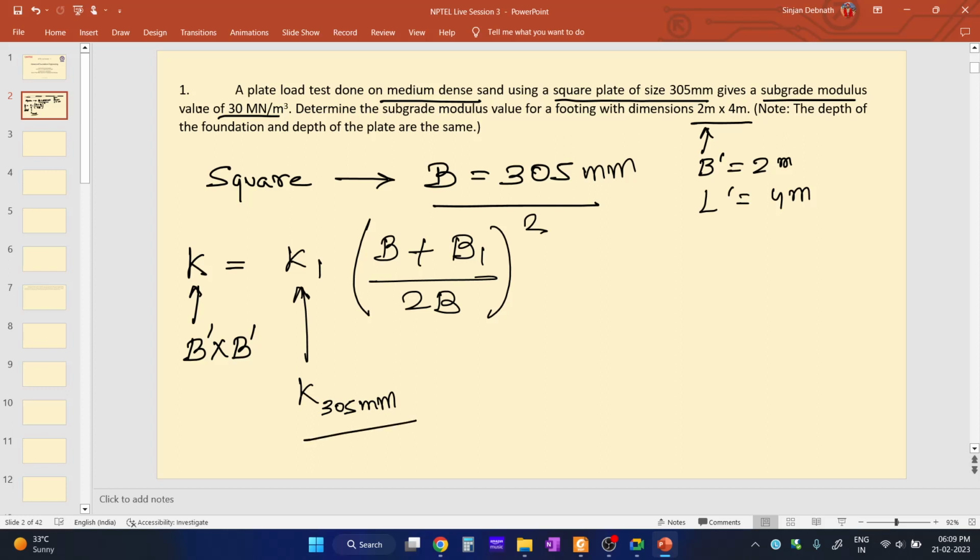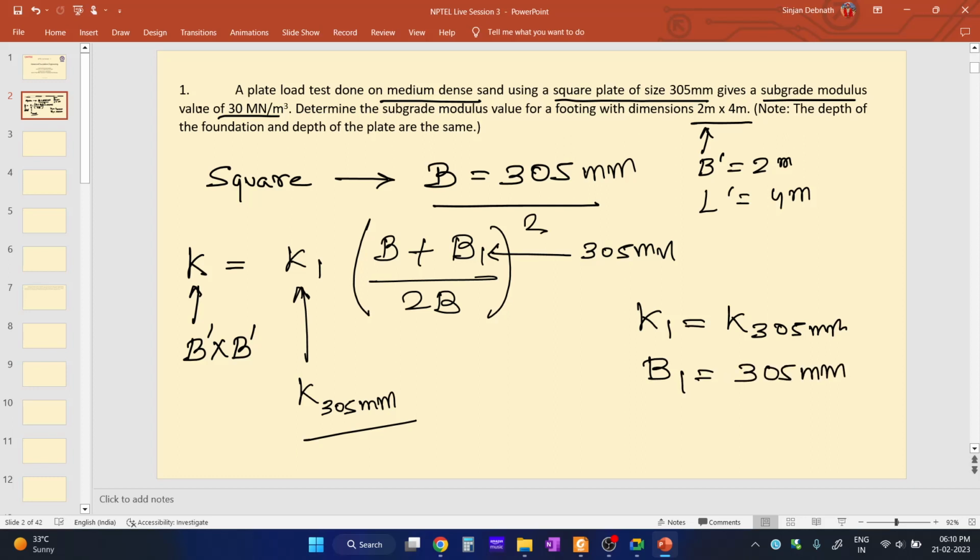Now, what is B1? B1 is 305 millimeter, corresponding to K1. See, K1 is the subgrade modulus for the 305 millimeter plate, and B1 is equal to 305 millimeter.